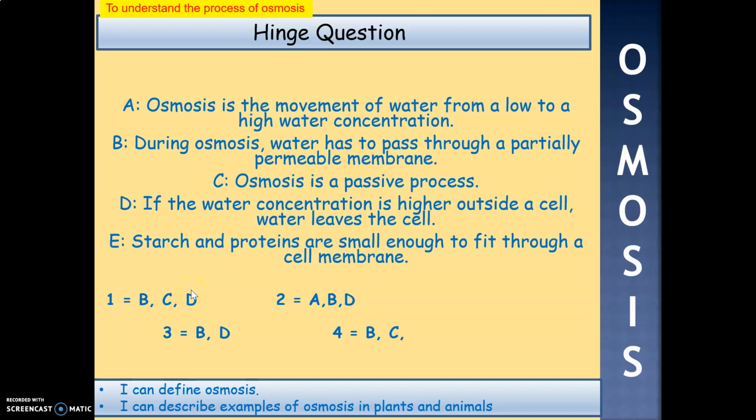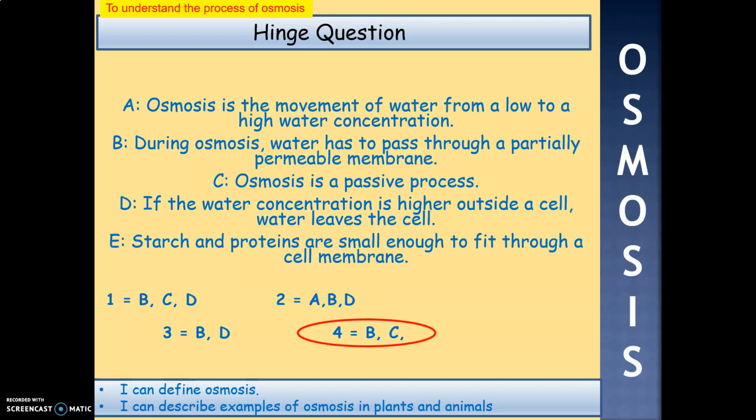Okay, amazing. Can we go through your answers now? So what's your answer? Are you right? Osmosis is the movement of water from a low to a high concentration. Absolutely false, because osmosis is the movement of water from high to low concentration. Amazing. During osmosis, water has to pass through a partially permeable membrane.